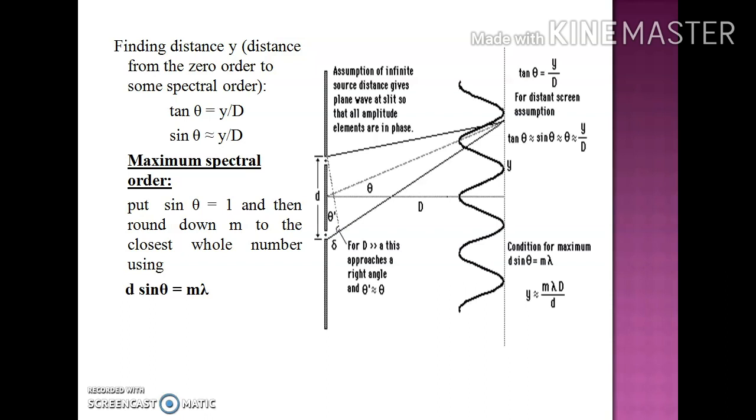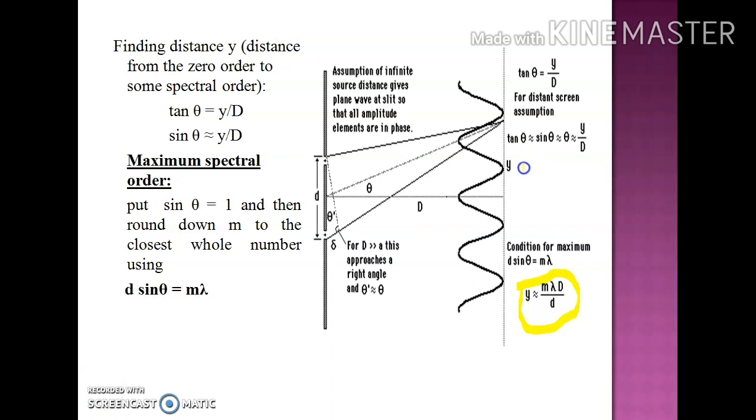Now substituting sin theta equal to y upon D in the condition of maxima, that is d sin theta equal to m lambda, I will obtain the relationship y is equal to m lambda D upon small d. So this will give me the distance y where I have obtained a certain maxima or minima.